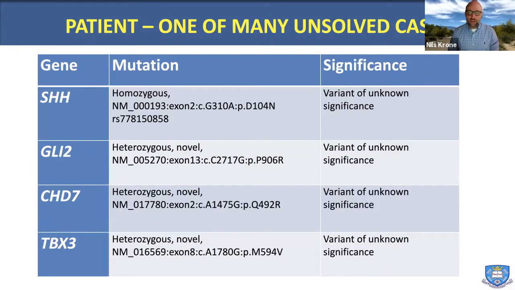And what we've got here is a bunch of different genes with variants of unknown significance, and all of them could probably cause a little bit of a problem. Some of them are less likely to be involved because developmentally, this child is completely normal. It's just something that, if you do next generation sequencing tests or genomic analysis, you might get a huge bunch of stuff which is not entirely clear.